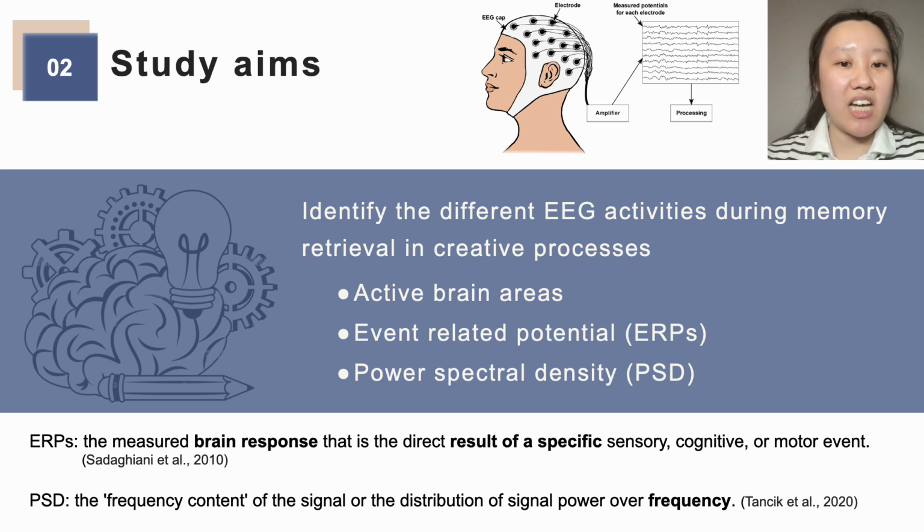So obviously in our study, it will be events like the semantic memory and episodic memory. While the PSD is the frequency content of the signal, or the distribution of signal power over frequency. In other words, you can understand it simply as reflecting the relations between the brain waves and which part of the brain is active.